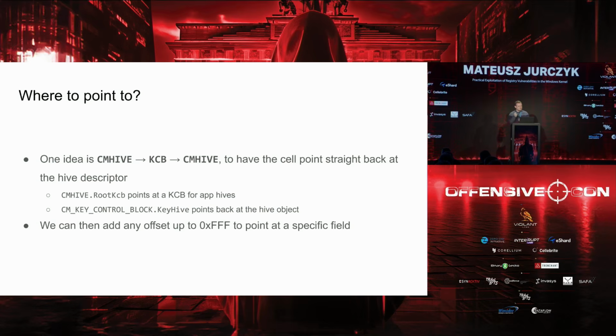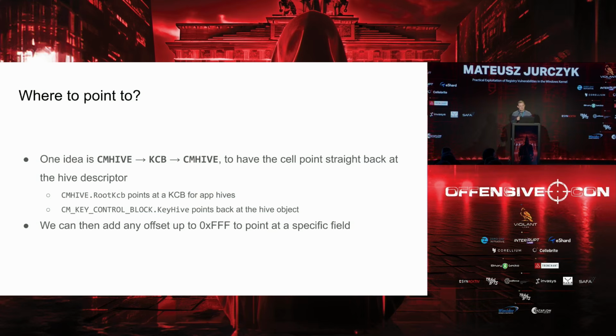So the question is now, okay, we can traverse some pointers relative to CM_HIVE. Where should we point a fake cell index to have any kind of interesting result? And one idea that I had initially was to take the CM_HIVE structure, find a pointer to a KCB object inside of it, and KCBs have another pointer that points back into the CM_HIVE structure.